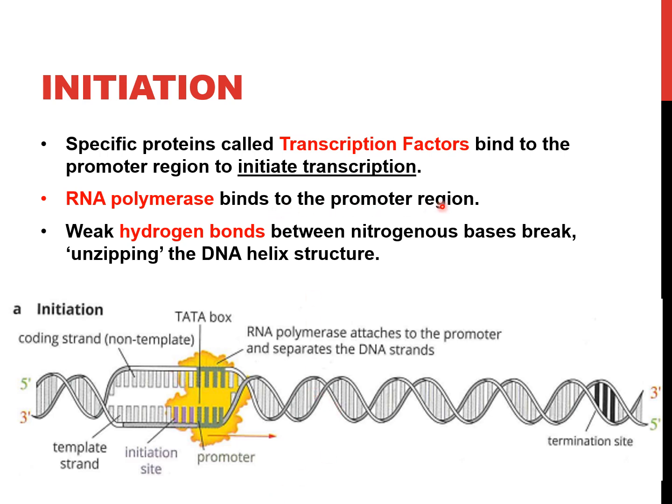Okay, binds the promoter region. Weak hydrogen bonds, so H bonds, they're weak. Hydrogen bonds between the nitrogenous bases are broken by helicase essentially, and then this yellow thing here, the RNA polymerase will run down the strand and do exactly what we saw in the previous slide. Okay, so that's our first step, initiation.